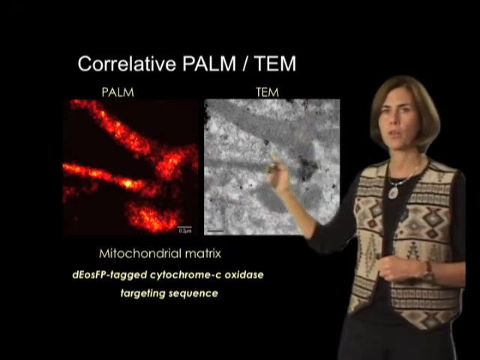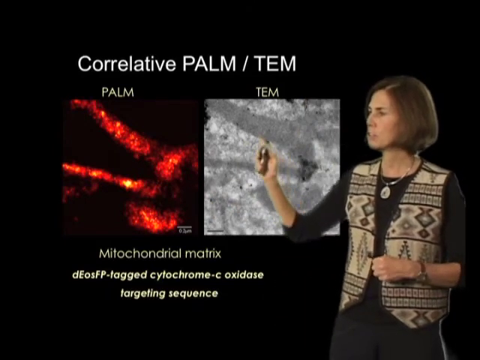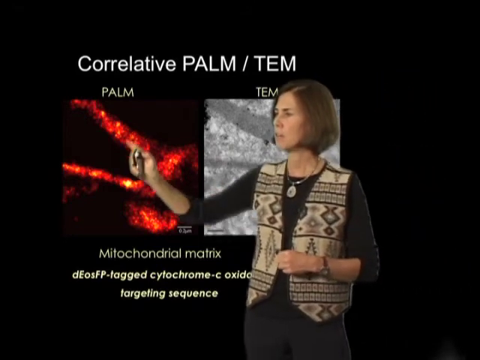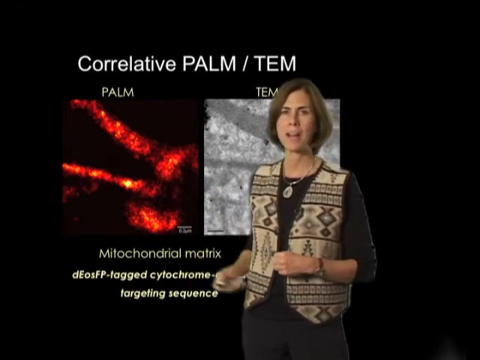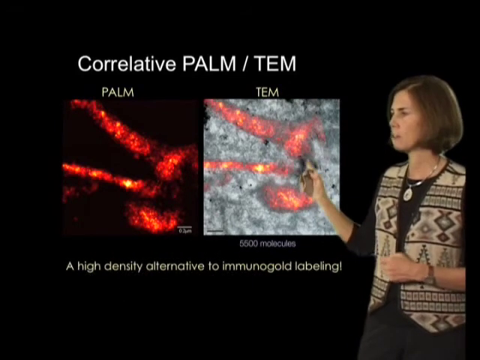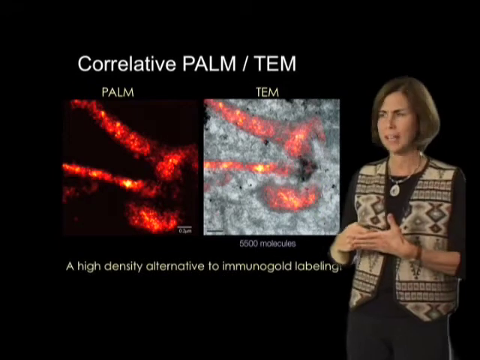And this is shown here for the mitochondria. So this is the transmission EM of a mitochondria, and this is the distribution of the mitochondrial matrix protein within that. And you can see in this overlay that they very nicely overlay.